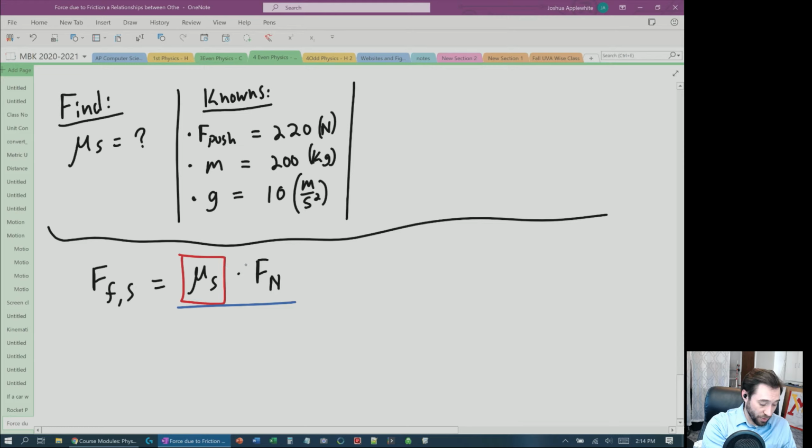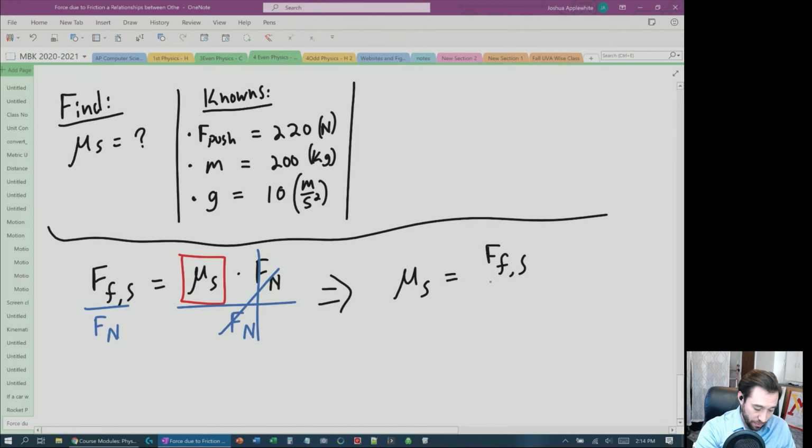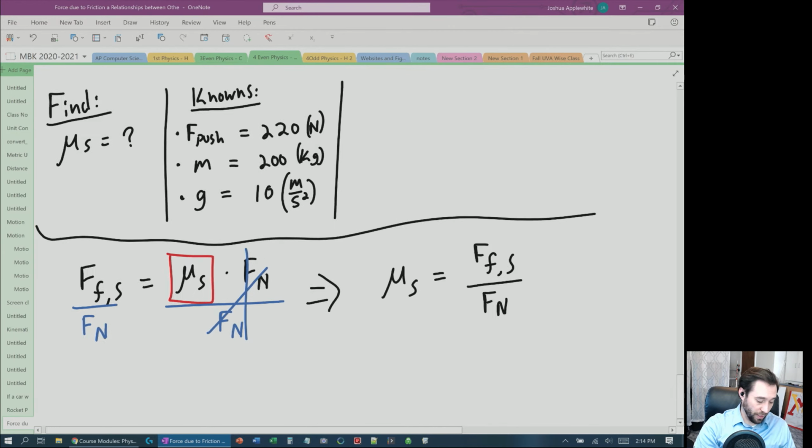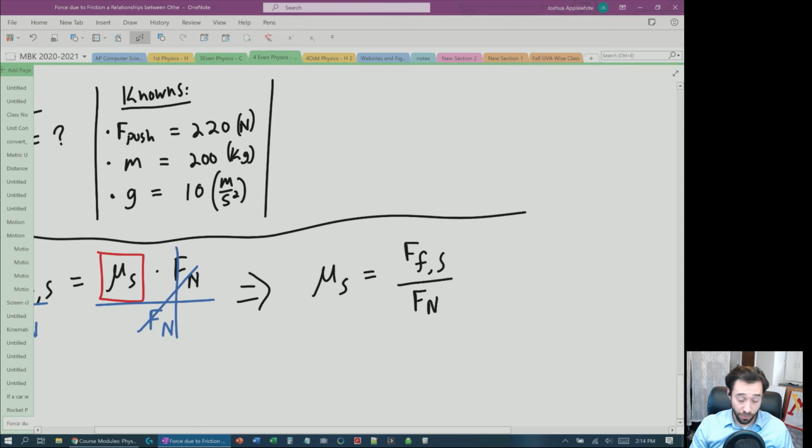Since it's mu sub s times normal force, I divide by normal force, so it cancels on this side. And if I do something on the right, I must do it on the left. So what this gives us is mu sub s is now equal to the force due to static friction over my normal force. And again, if I'm going too fast, this is recorded.